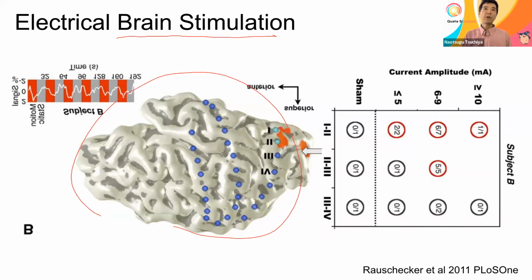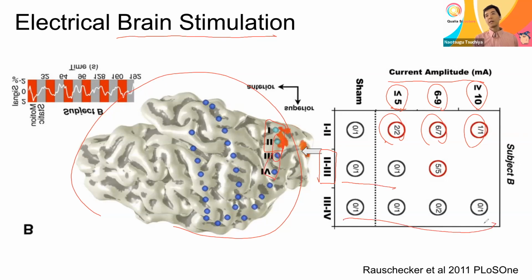When they used a 1-2 pair, what they found was that when the current passed between the electrodes below 5 or 6 to 9 or 10, they pretty much always elicited a report of visual motion. On the other hand, if it's straddling between 2 and 3, or 3 and 4, then an unreliable report was elicited.